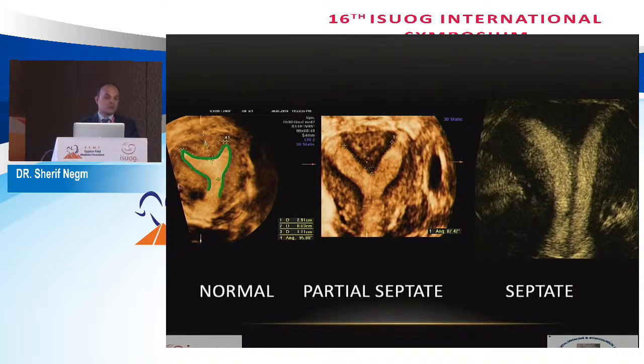One answer is that not all subseptate uteri are the same. You can see that this is what we consider to be a normal uterus with a very well formed subendometrial and myometrial layer. This is also a partial septate uterus.